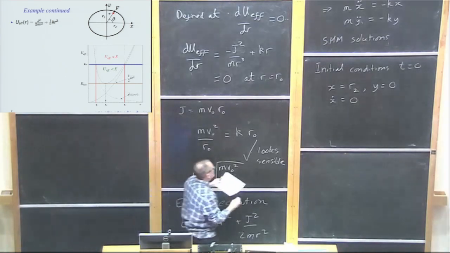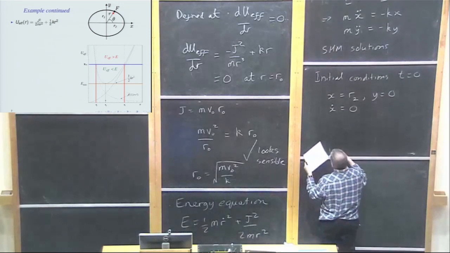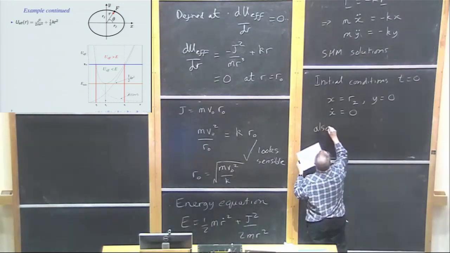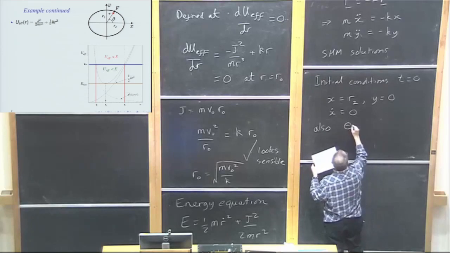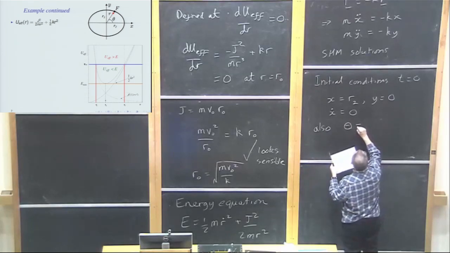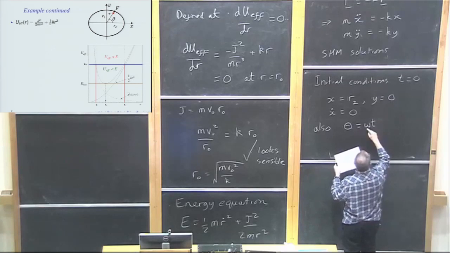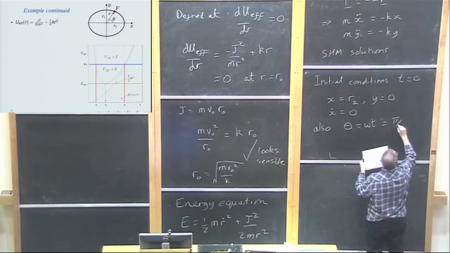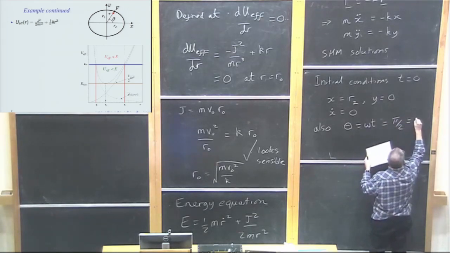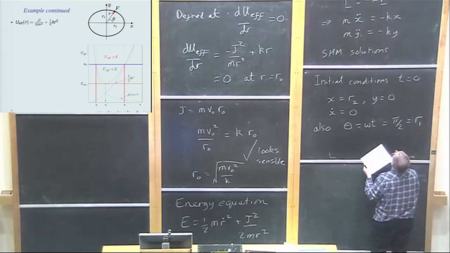So this won't be at t equals 0, it's when theta equals omega t, where omega is the angular velocity, at 90 degrees or pi over 2. Let's fix that to be R1.